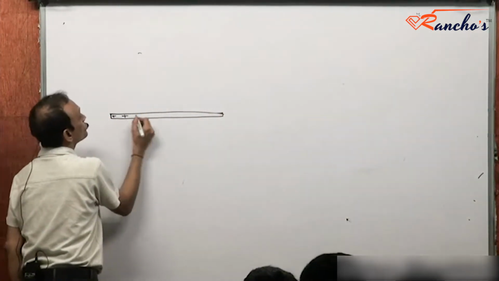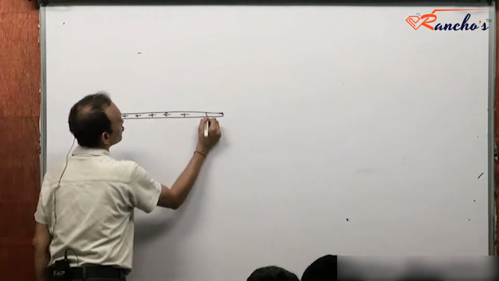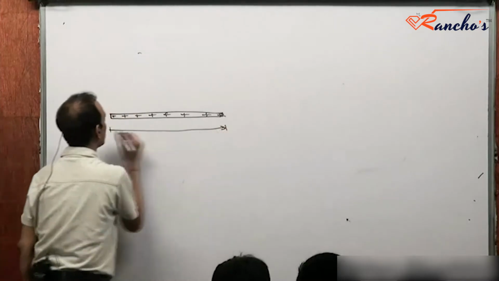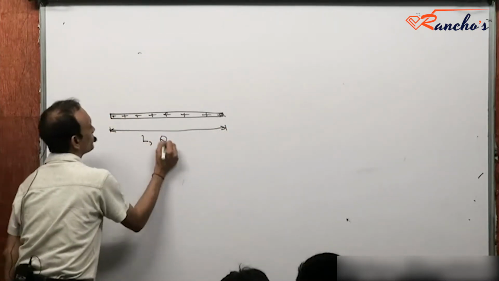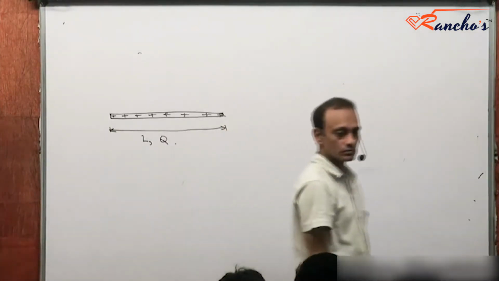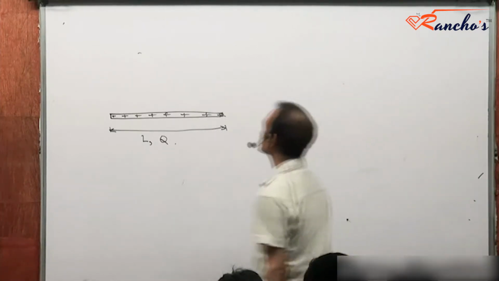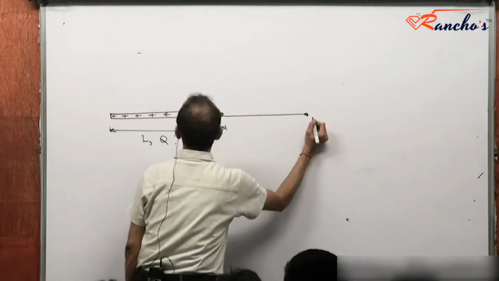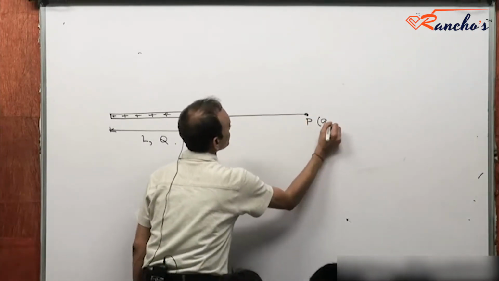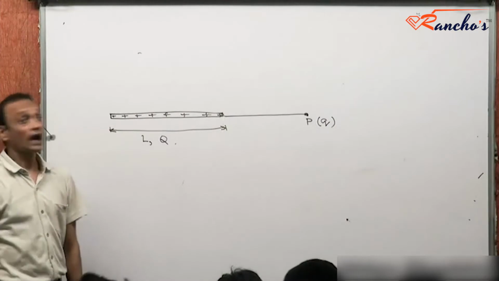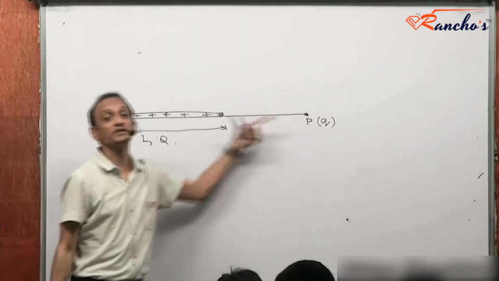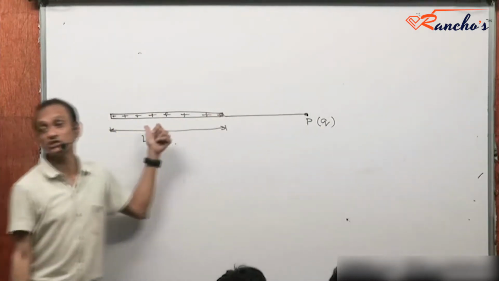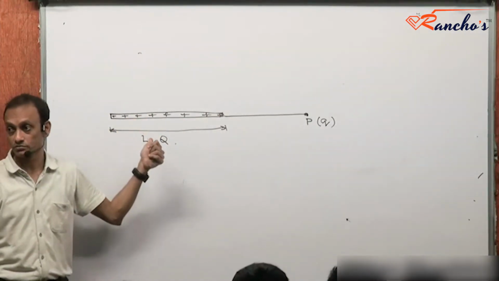Your attention please. There is charge q uniformly distributed over a length L, and at a point P I have a charge q. I want to find the force that this q experiences because of this distribution.